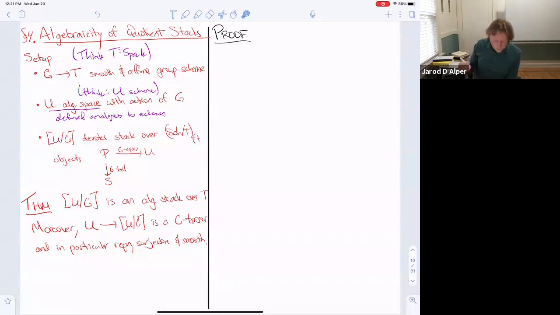So there's the setup. The theorem is that this quotient stack is an algebraic stack, and moreover that this canonical projection from U is a G-torsor. Since we're assuming G is smooth and affine, this map is representable, smooth, surjective, and even affine.